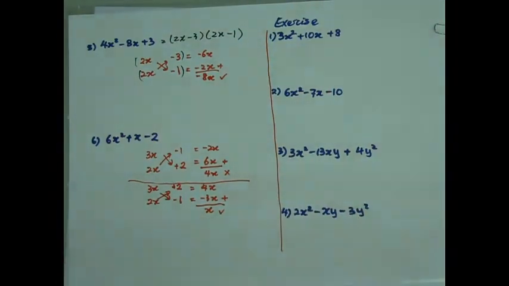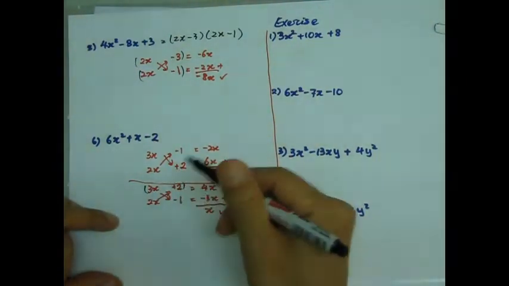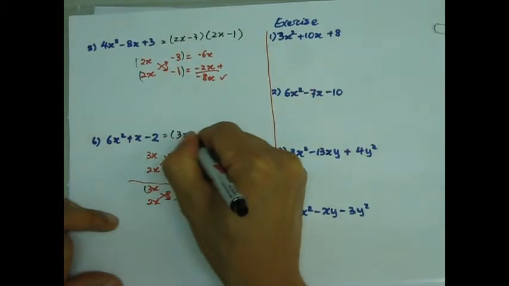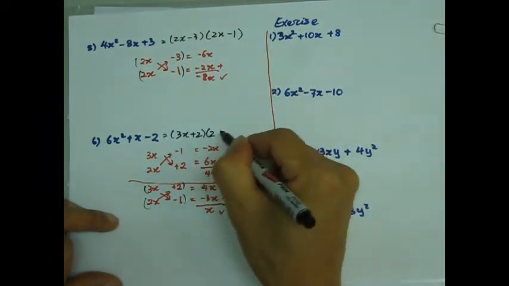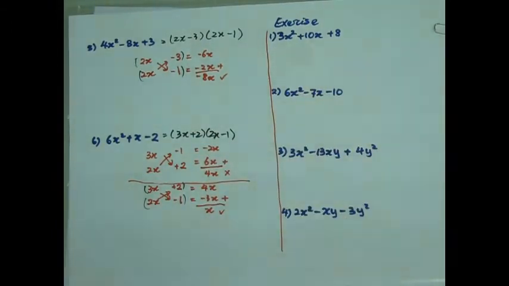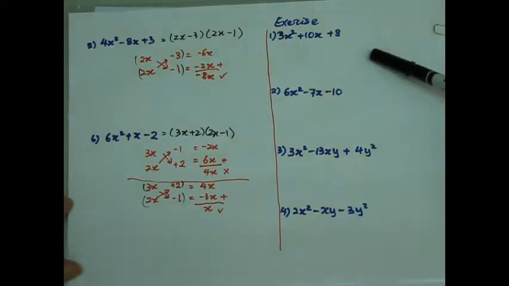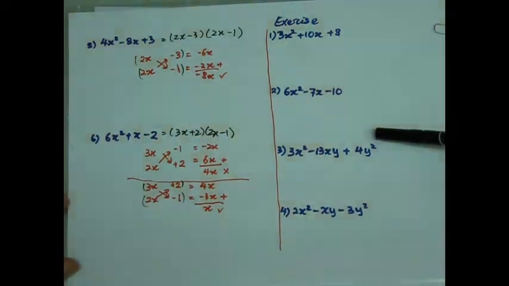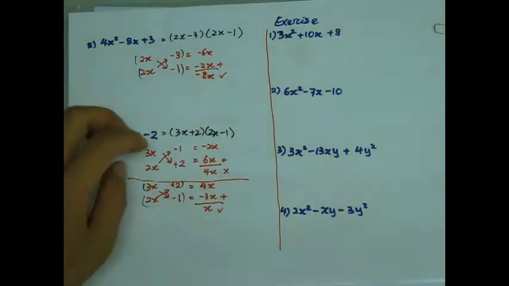So the answer to this becomes, horizontally, 3x plus 2 times 2x minus 1. Okay, so that's the answer. Alright, if you have not tried this, pause the video again and try this out by yourself and then check the answer. If you're ready, then we go again.